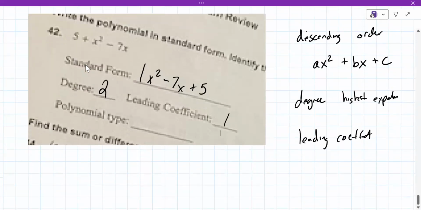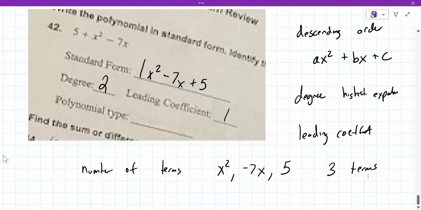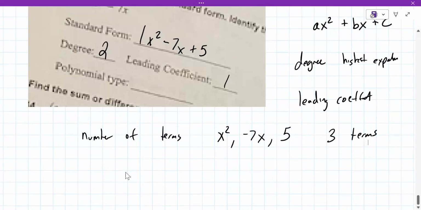Now the polynomial type depends on the number of terms. When I say number of terms, x squared is a term, minus 7x is a term, and 5 is a term. There are 3 terms. If you have one term, the name is called a monomial.